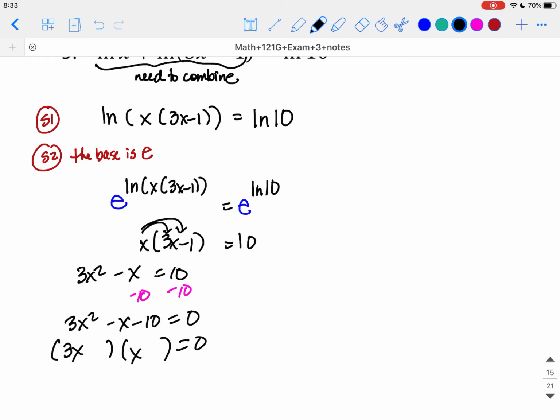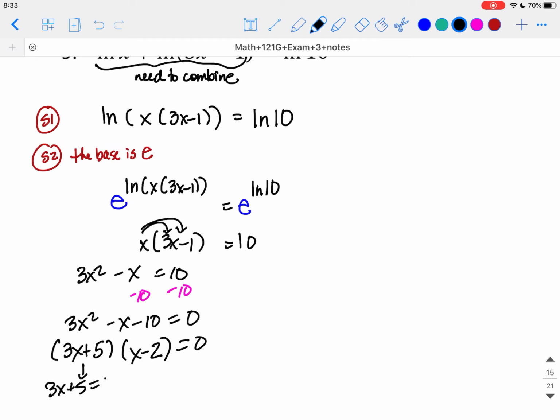The 3 isn't bad at all. This is 3x times x to get me the 3x squared. And then 10 isn't too bad. It's 1 and 10 or 2 and 5. The 5 and the 2 go here, and a minus goes here and a plus goes here. So I have 3x, and if I FOIL it, I will get 3x squared minus x minus 10.